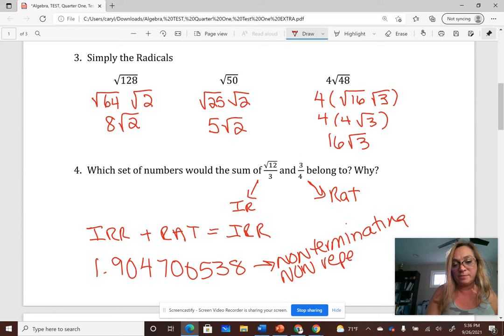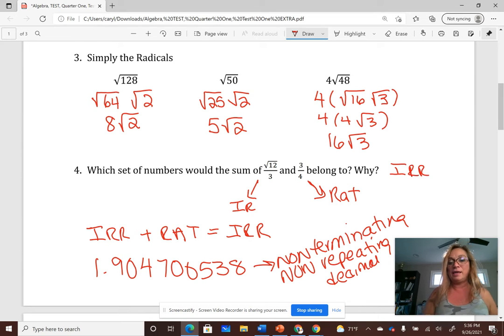Having a little trouble writing that, but that's that, which makes it irrational. So this is irrational. It belongs to irrational. And I gave you a couple of reasons.